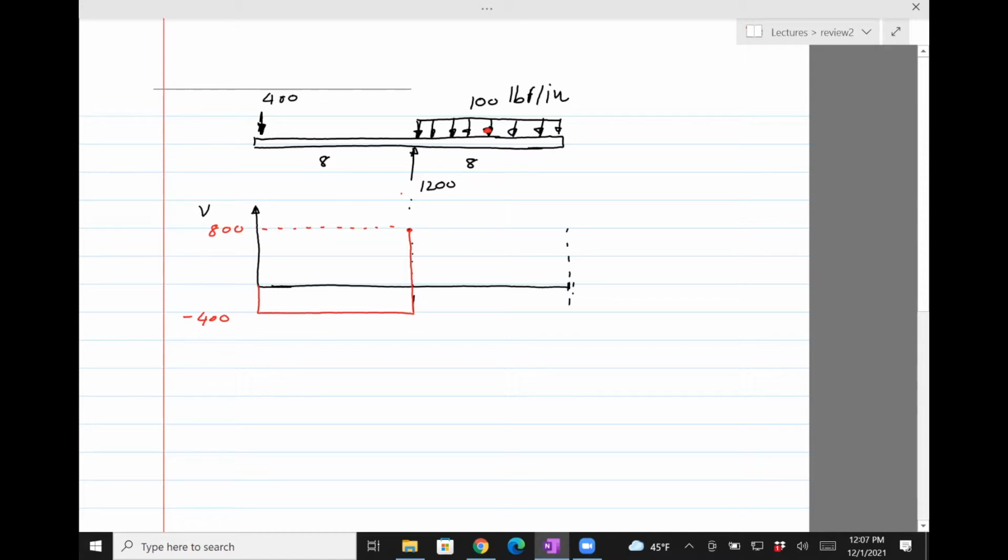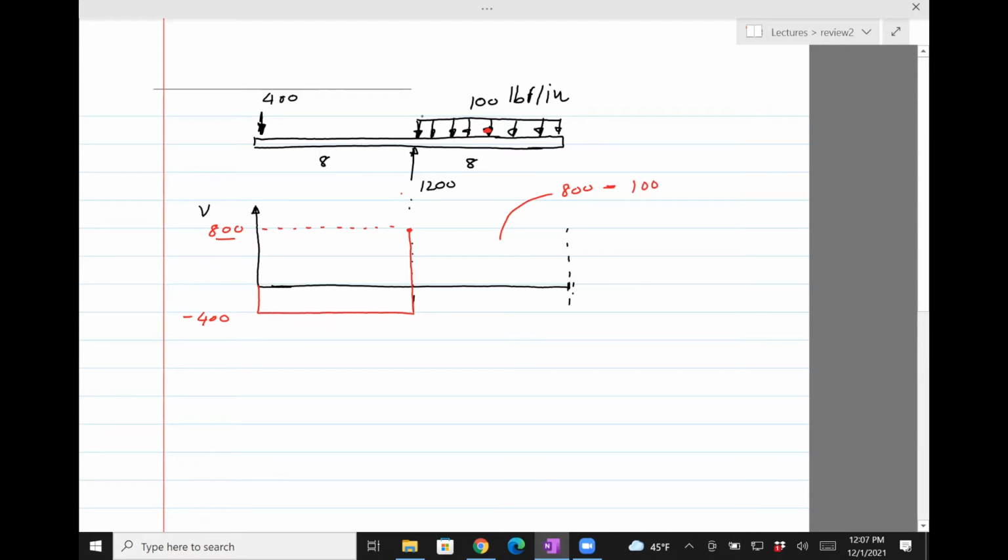And then what happens here is that the net force is going to be 800, right? Which is upwards. And we need to subtract out the one due to this load. So it's going to be 100.